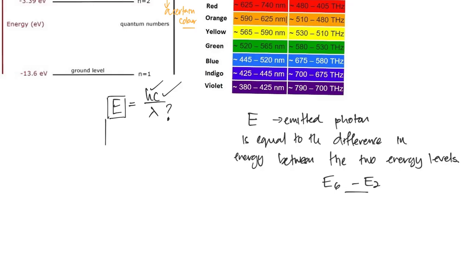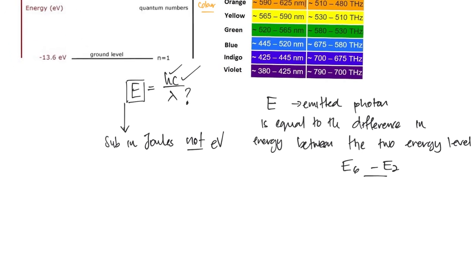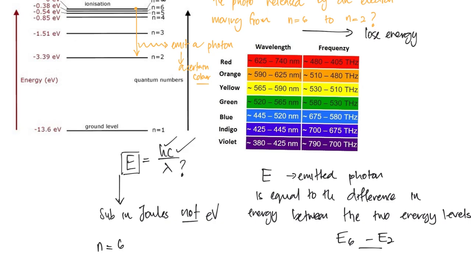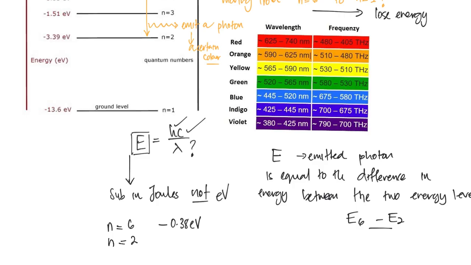Now, in this formula, you must substitute in joules, not electron volts. So first we need to make sure we do all of our conversions. If I look at n is equal to 6, I've got negative 0.38 electron volts, and n is equal to 2, I've got negative 3.39 electron volts.